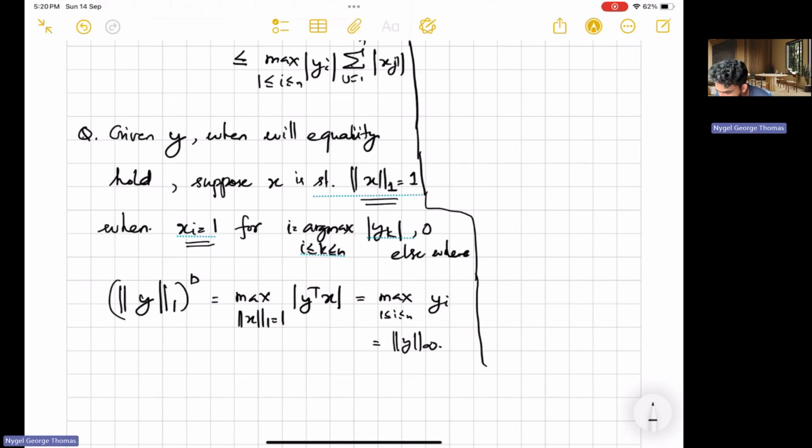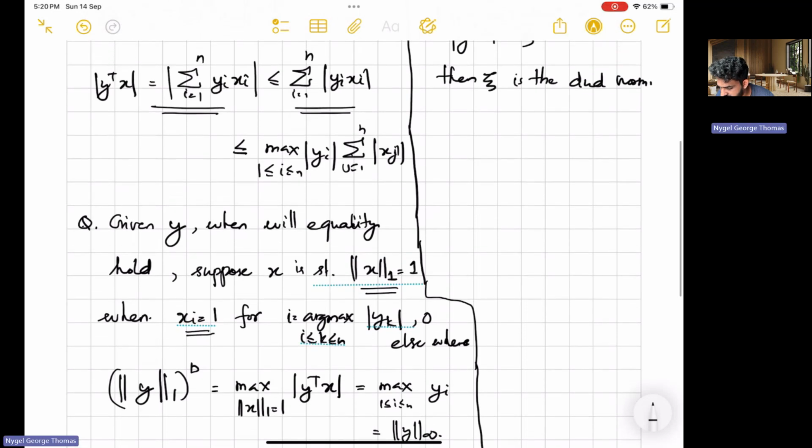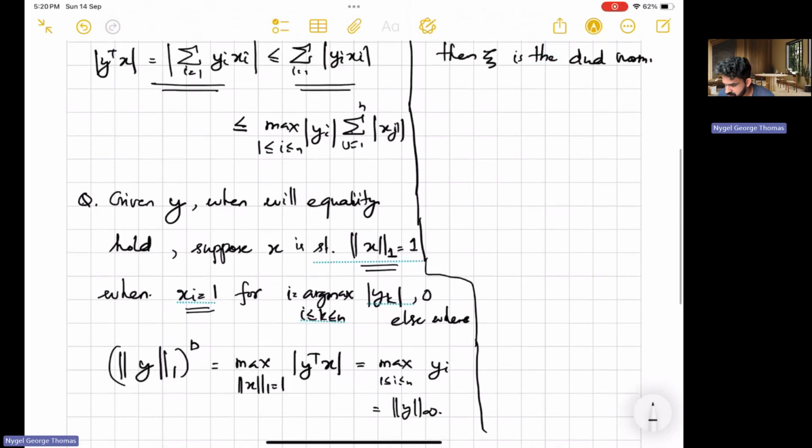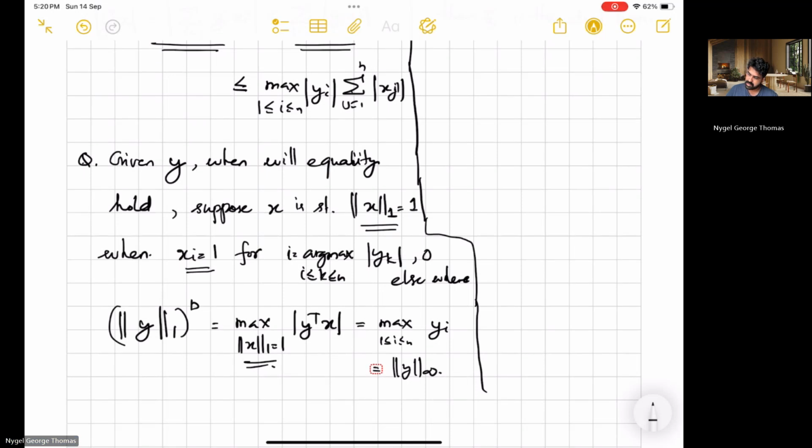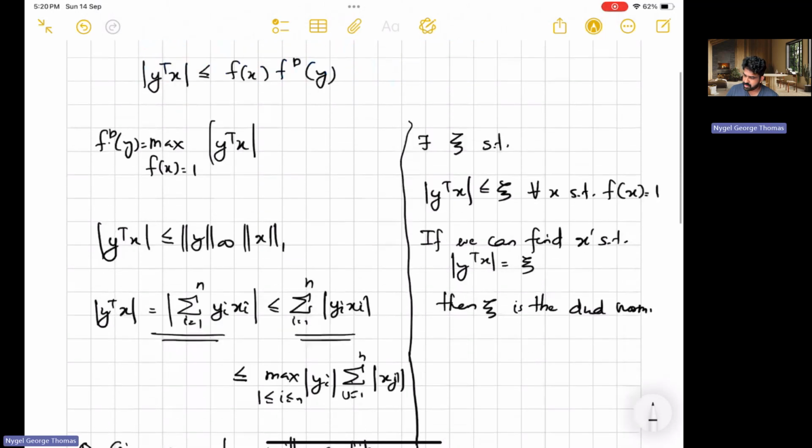But we have to also look at the left side. Left side is the norm of y, the dual, because the norm of x is taken as L1 norm, and so we are looking from the left side. So by the definition of dual norms, that's how it is.